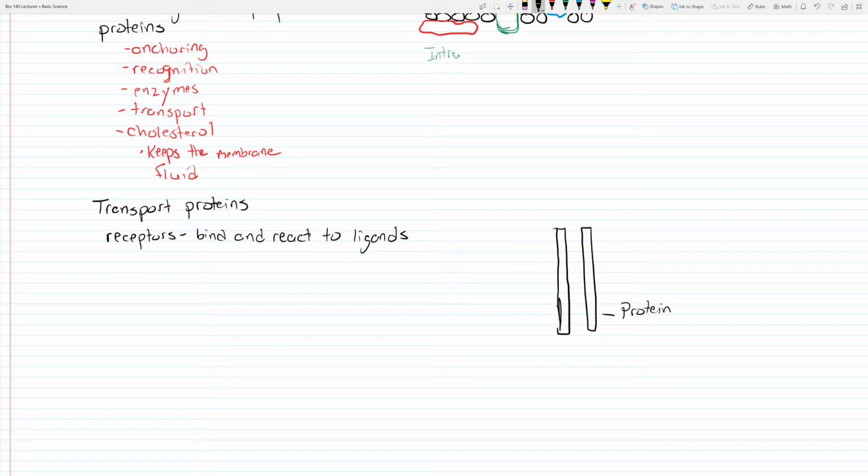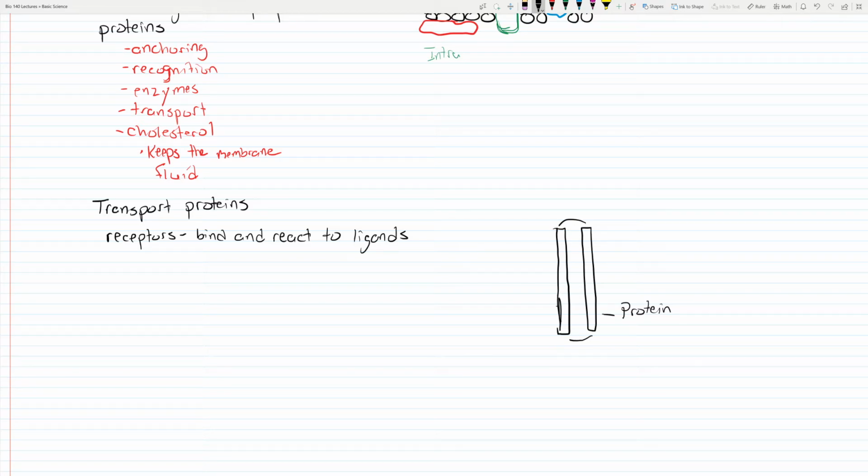And at the top of this protein, there is a door that is normally closed. So we're going to say the job of this protein is to open and close the doors.